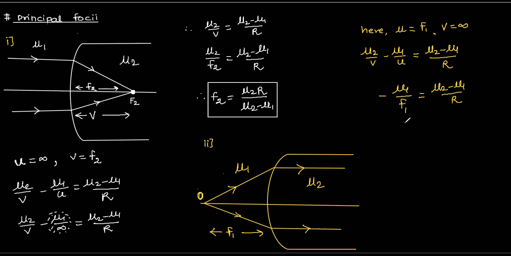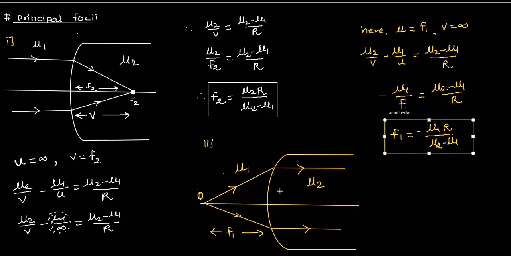So if we find f1, we get f1 is equal to minus mu1 into r divided by mu2 minus mu1. This is the minus sign.